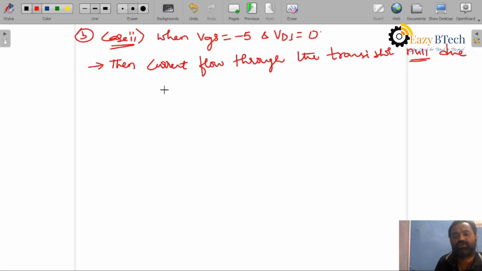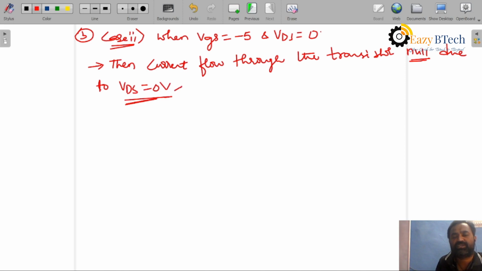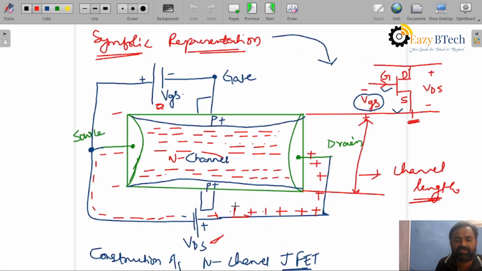Due to VDS being 0 volts, current through the transistor is null. No current flows because current in the transistor can flow due to the VDS voltage only. The movement of charges from source to drain can take place by applying the VDS voltage only.